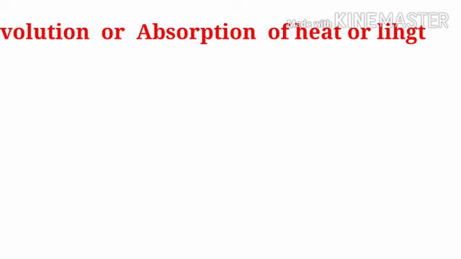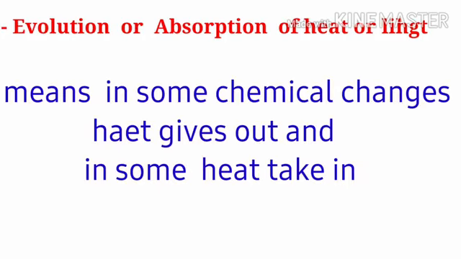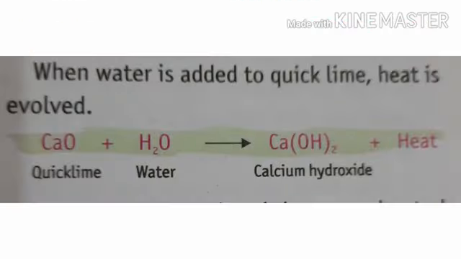Point number 1 is evolution or absorption of heat, light or any other radiation. It means in some chemical reactions heat is given off, and in other reactions heat is absorbed or taken in. When water is added to quicklime, heat is evolved.